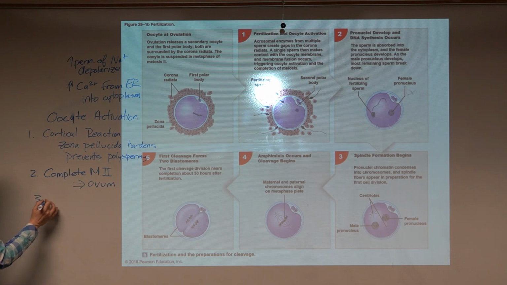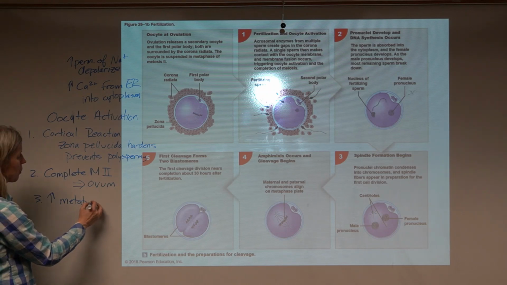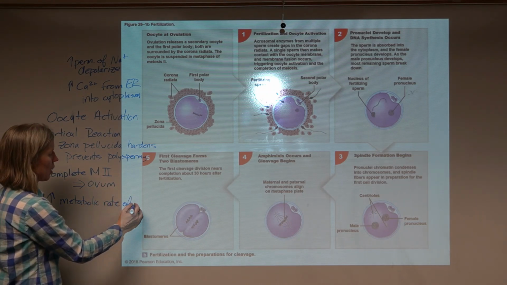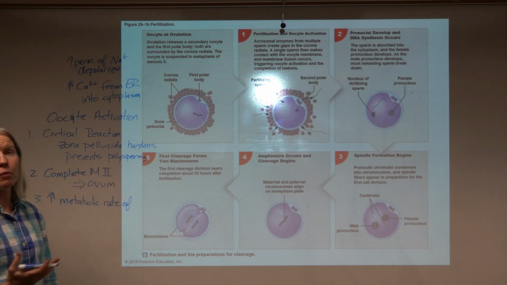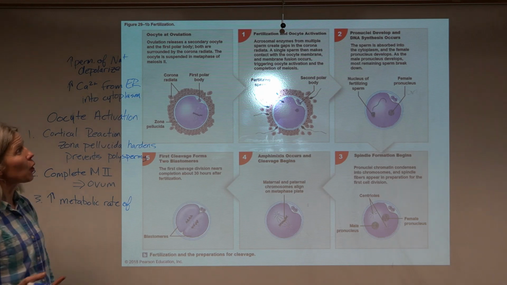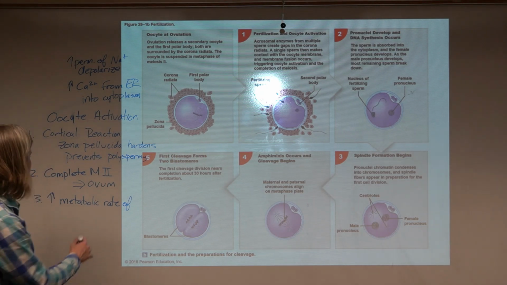And then the third thing that happens is a really rapid increase in the metabolic rate of that cell, right? So at this point, I suppose we can call it a zygote, but if you see an increased rate of metabolism in the oocyte, that's what we're talking about.